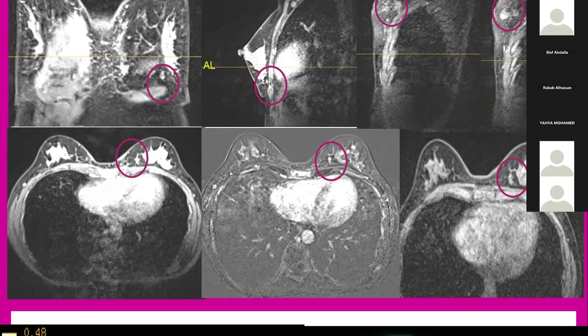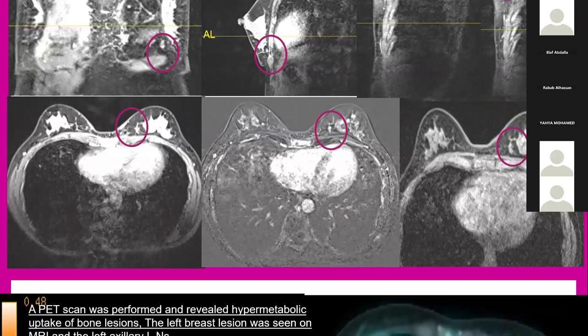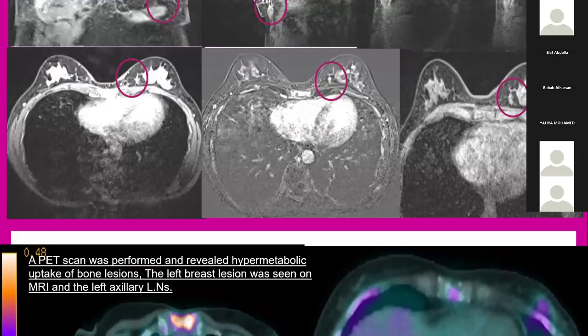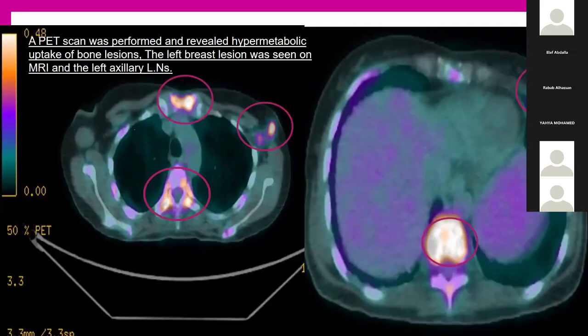They proceeded and recommended a PET scan for that patient. And fortunately, the PET scan not only demonstrated the bone lesions, but also confirmed that the lesion in the breast was hypermetabolic, taking up the material, as well as the axillary lymph node.